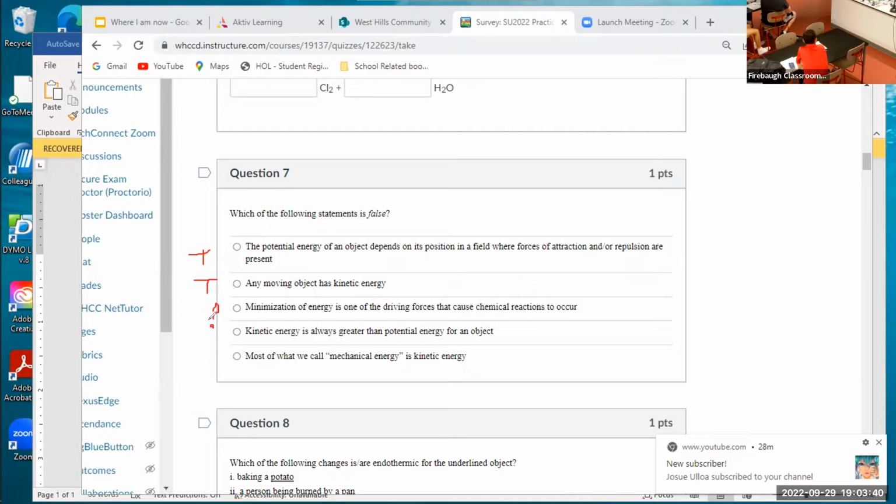Kinetic energy is always greater than potential energy for an object. If it's just sitting here, does it have any kinetic energy?